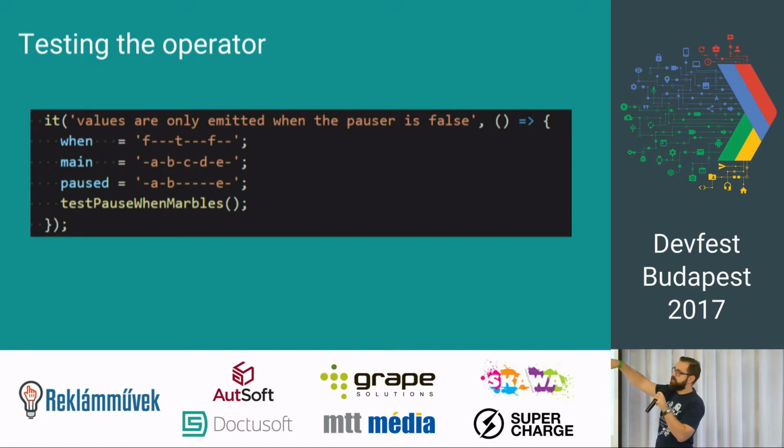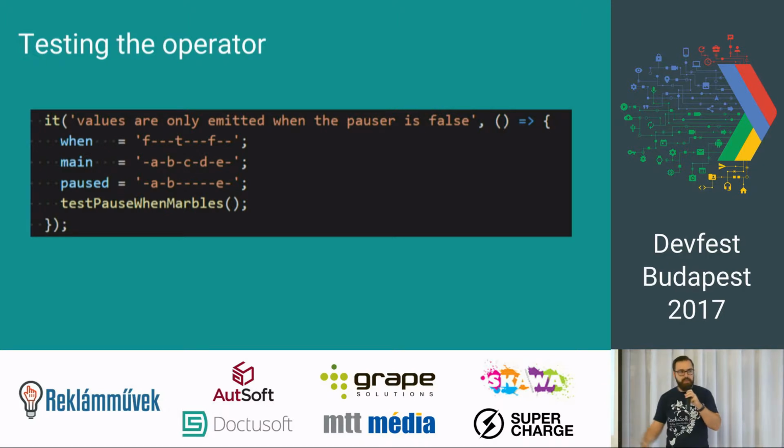The strings are called marbles, and you can define what every character should mean. So right now, the F and T letters are just false and true values, the rest we don't care about.